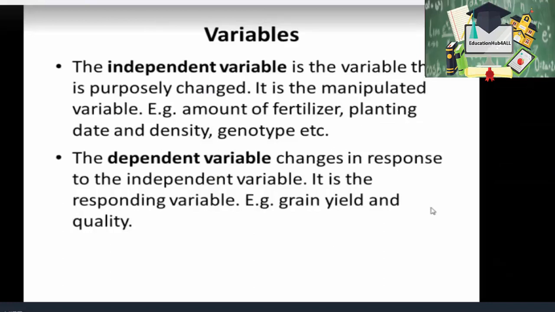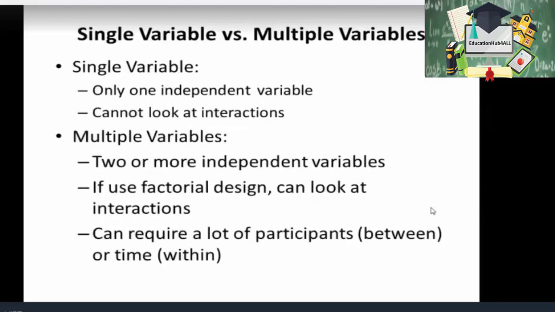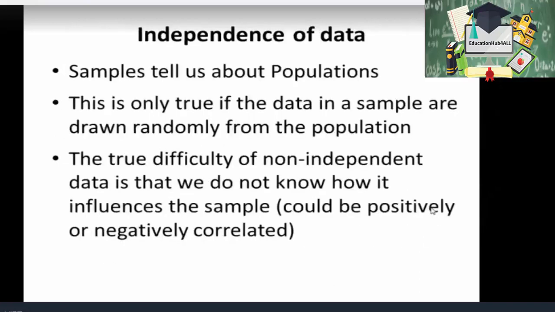Some variables may depend on some other variables. So we can build some relationship between the independent variable and the dependent variables. And sometimes we only have one variable into consideration, but sometimes we can have multiple variables.